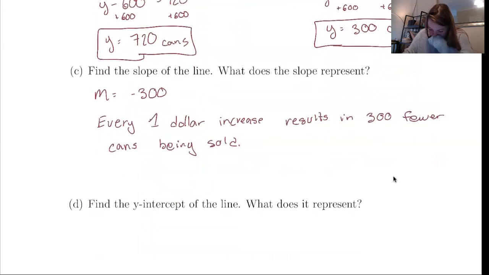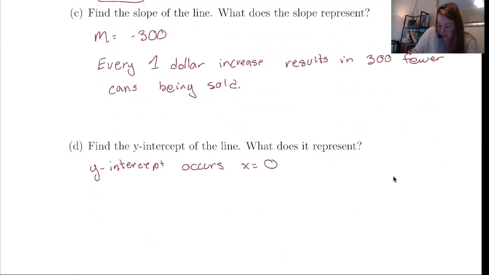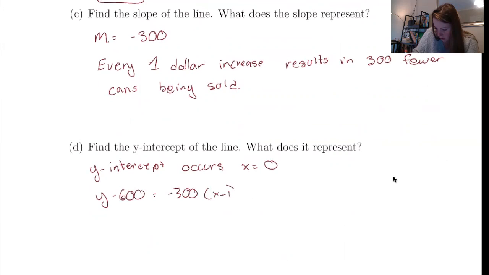Now we're asked to find the y-intercept of the line. So the y-intercept we learned earlier occurs when X equals 0. So I'm going to take y minus 600 equals negative 300 times x minus 1 and plug in 0 for x.